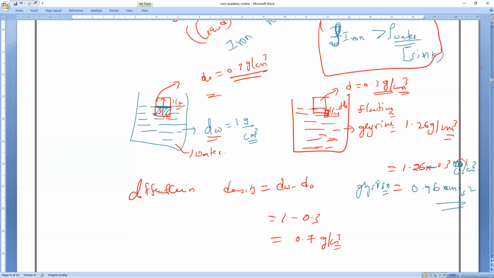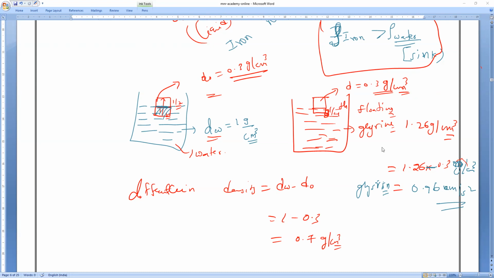Okay. So why am I saying this? Keep in mind, the same object when it is kept in water has a different immersed portion. When the same object is kept in glycerin, only 1/4 of the object is immersed.